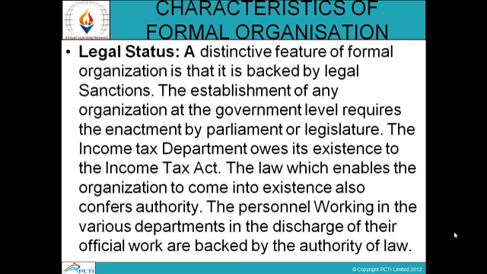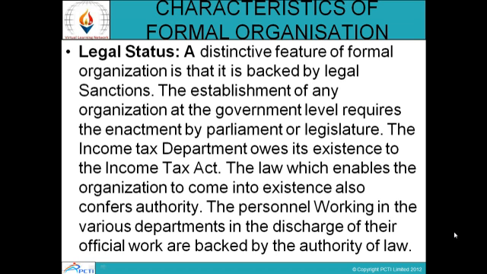Legal status basically means the formal organization is backed by legal sanctions. The establishment of an organization at the government level requires enactment by a parliament or a legislature. So in that case, yes, the income tax department worked on that existing law, and they brought out the law which enables the organization.